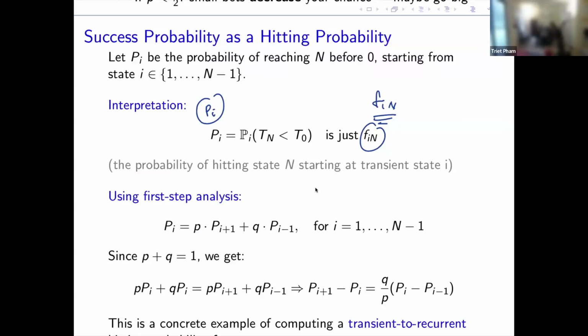Notice a problem like this has a boundary condition, for i equal to 0 and i equal to N. What are they? For example, what's P sub 0 and what's P sub N?